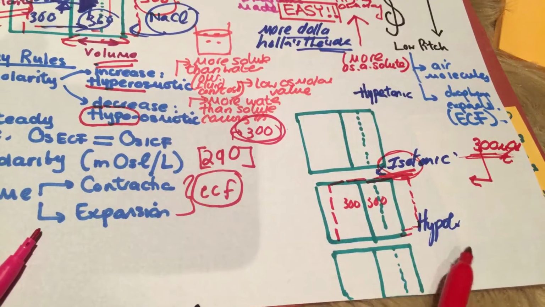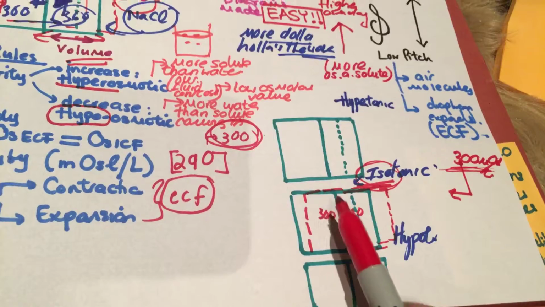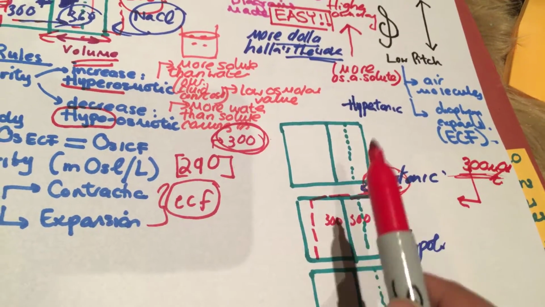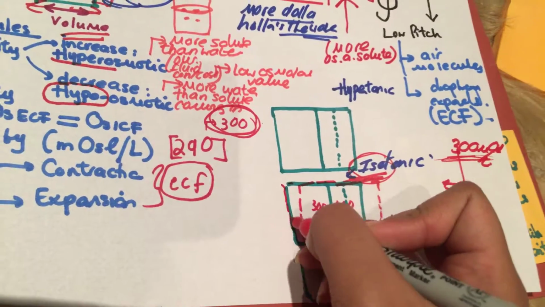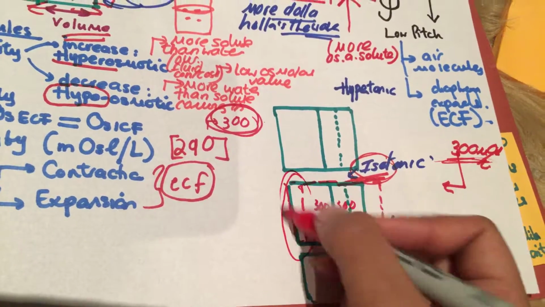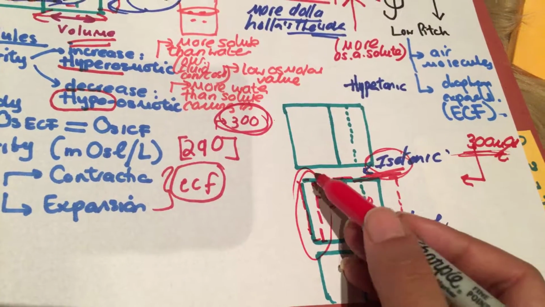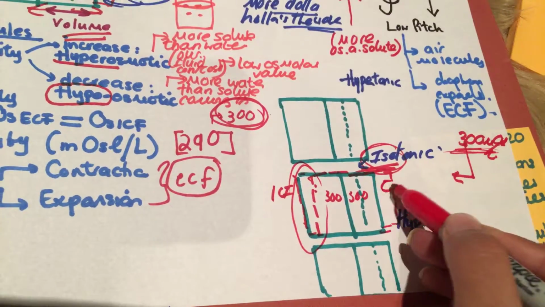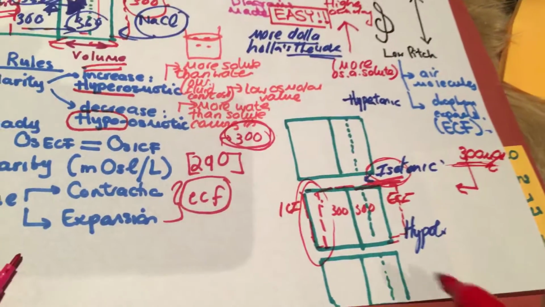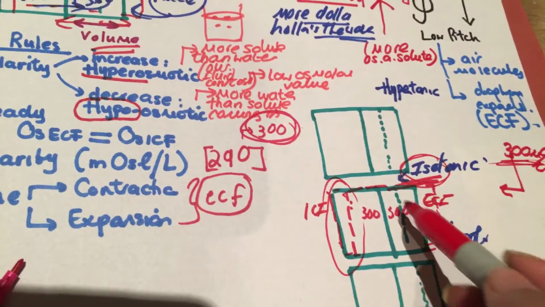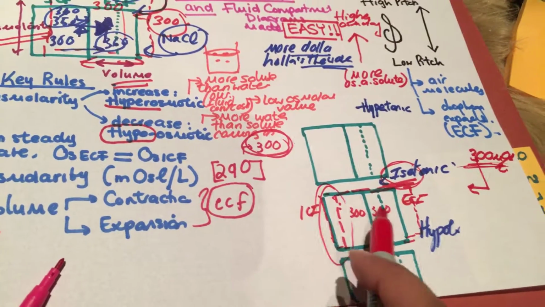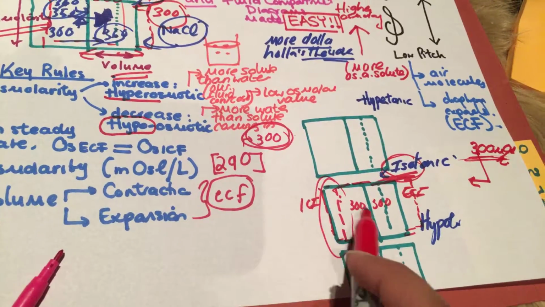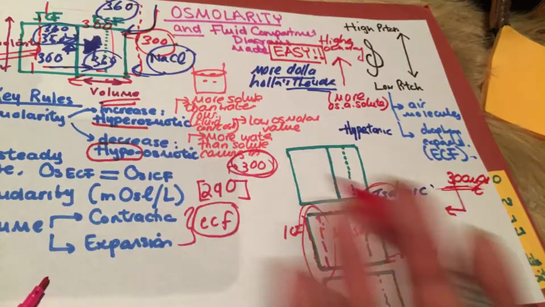Now, if we look at hypotonic, by the way, here, I haven't made a mistake. There's going to be nothing affecting the intracellular fluid here, because you're adding 300 and the osmolarity was already 300, so you're not going to have any water shift, because there's no concentration gradient for the water to move by.